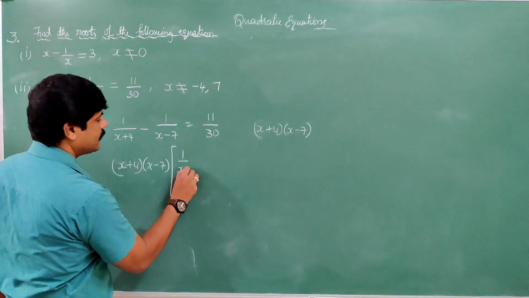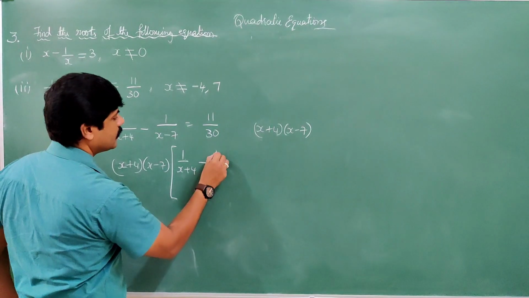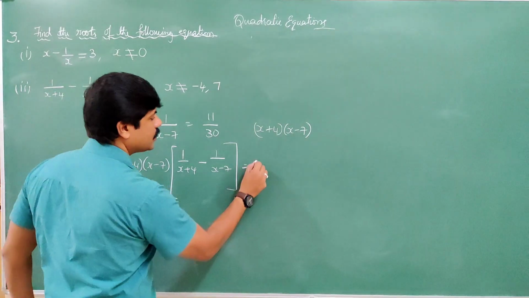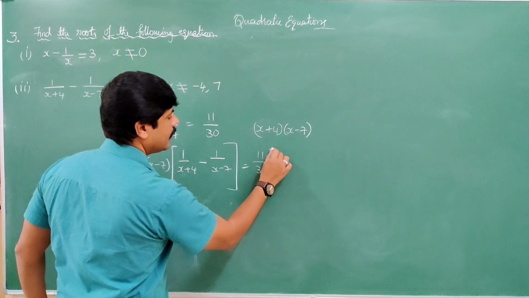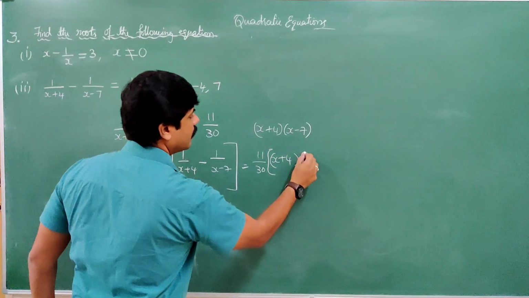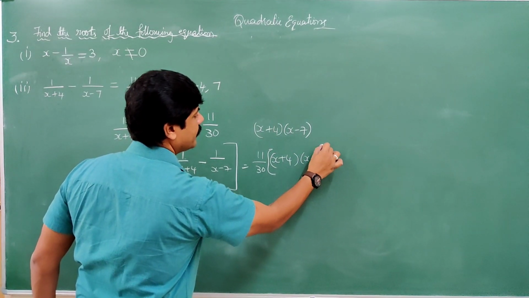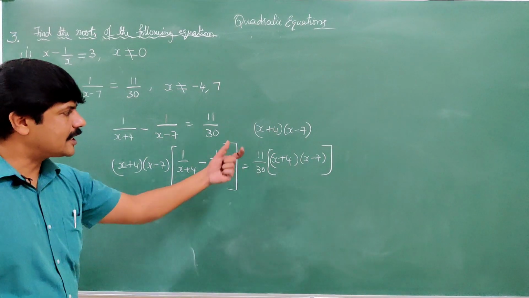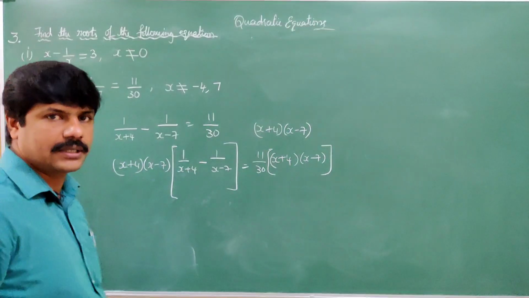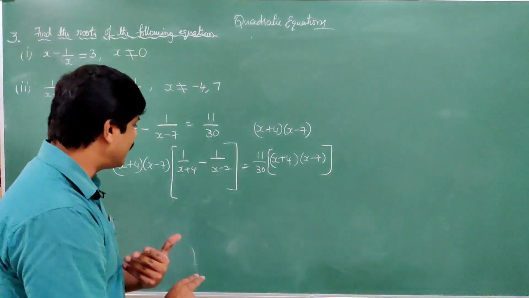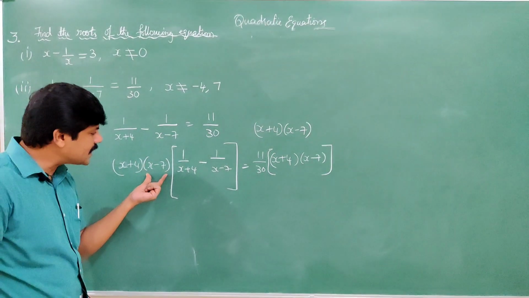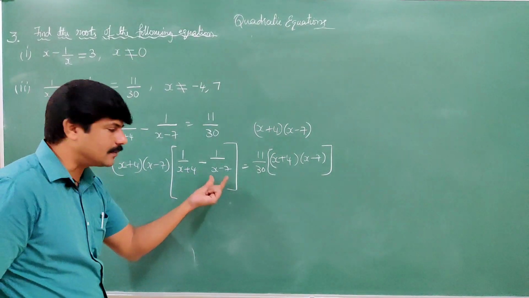1 by x plus 4 minus 1 by x minus 7, maintain the bracket, equals 11 by 30 into x plus 4 into x minus 7. Multiplying x plus 4 into x minus 7 throughout the equation, on both sides. When you multiply both sides, the value does not change. Now this x plus 4 into x minus 7 multiplies with the individual terms.